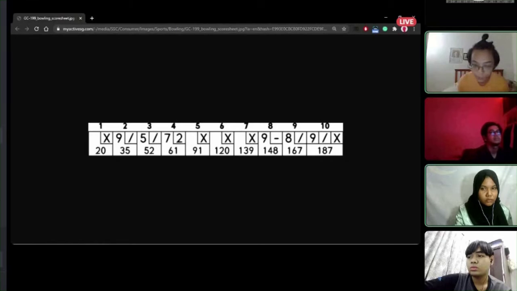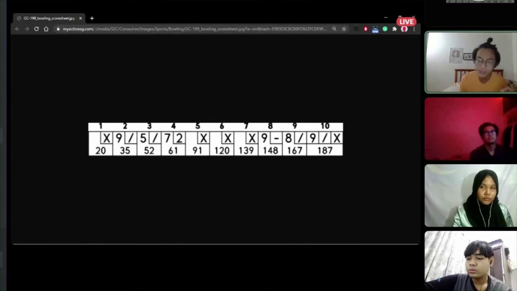Second, the player knocks down all the pins but uses 2 balls, and that is called a spare. And third, when the player knocks down fewer than 10 pins with the first 2 balls, it is called a miss.